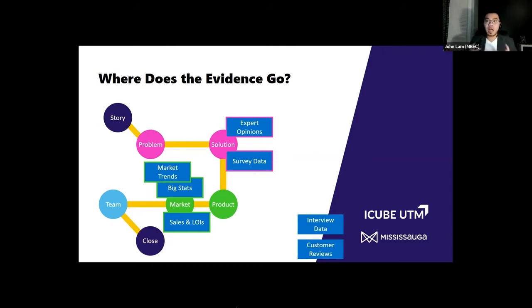How it manifests in a B2C market is pre-orders, right? Or email signups. These are letters of intent. These are customers who are intent on providing you with money later on, right?